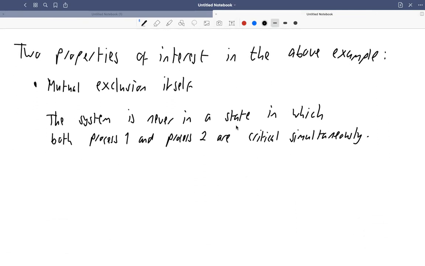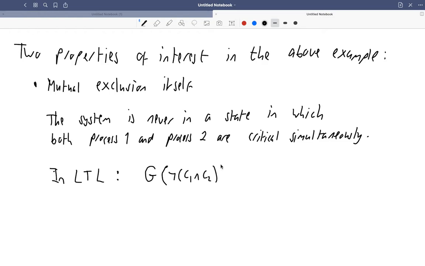So just to say, we'll see it later, but in LTL this is formulated as G, or it's globally the case, or always in the future. So it's globally the case that it's not true that both C1 and C2.